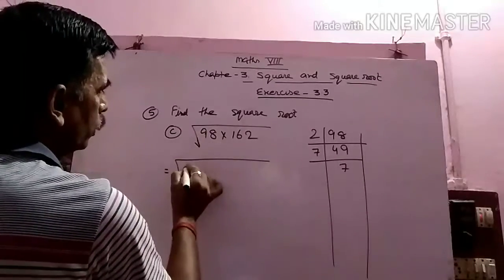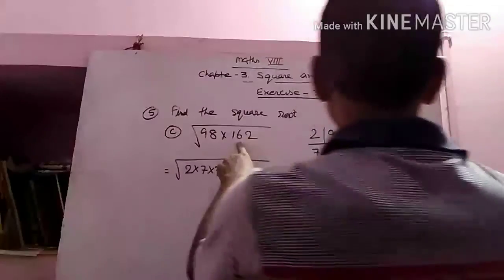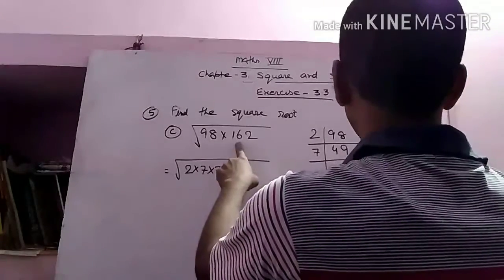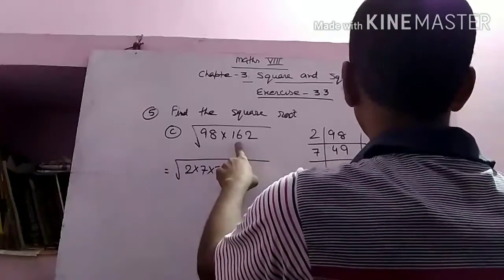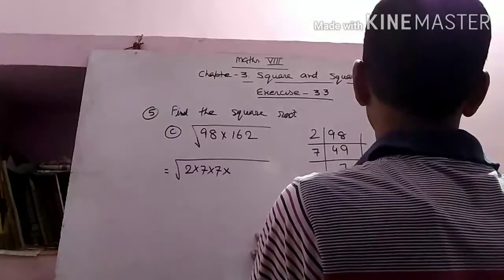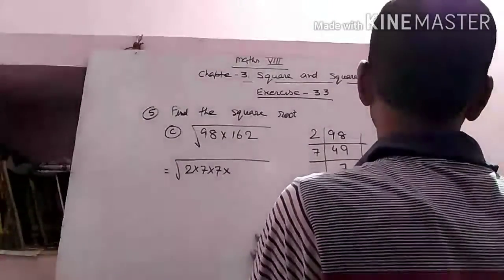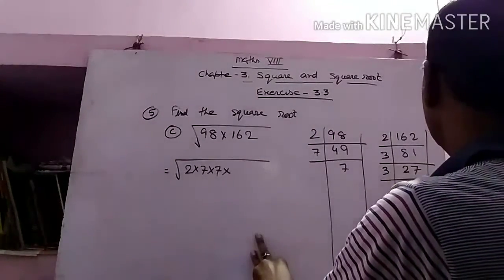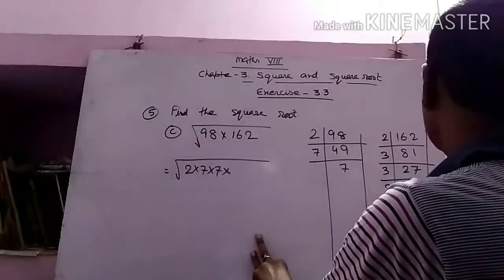98 is equal to 2 into 7 into 7. 162 is equal to, by doing prime factorization of it, 2 eights are 16 and 2 ones are 2, then by 3: 3 twos are 6, 3 nines are 27, 3 threes are 9, 3 ones are 3.